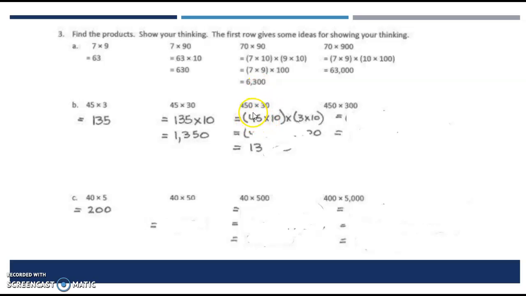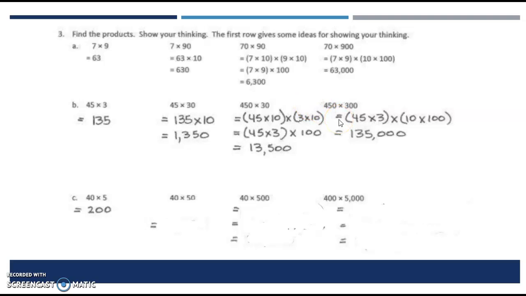We decompose into 45 times 10 times 3 times 10, that is 45 times 3 times 100. That gives us 13,500. Now 450 times 300. Decomposing into 45 times 3 times 10 times 100 gives an answer of 135,000.